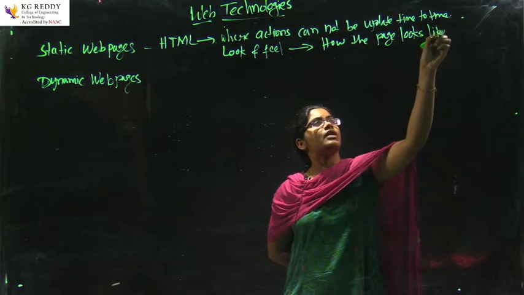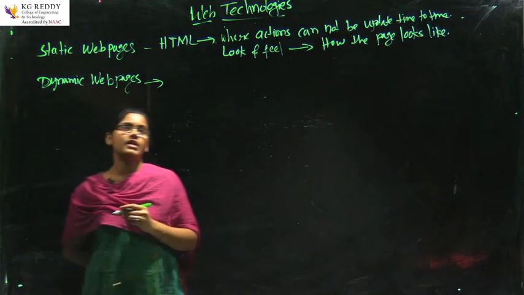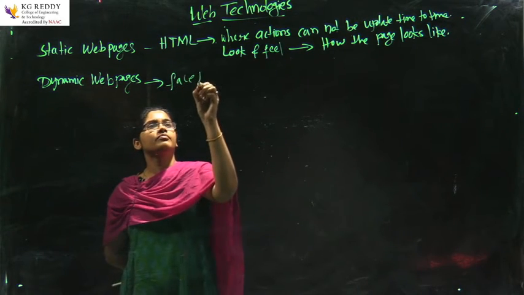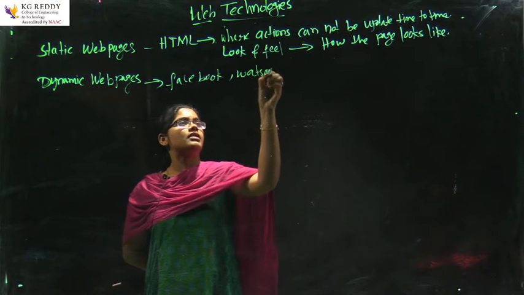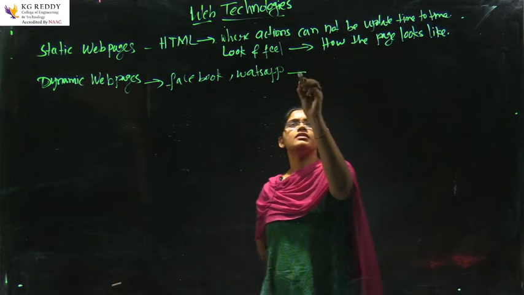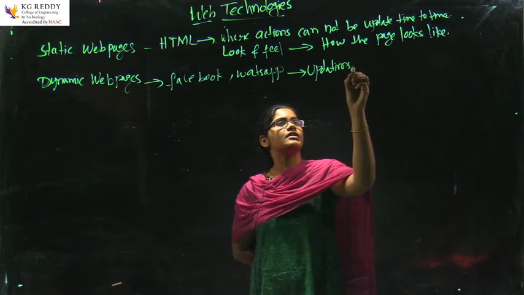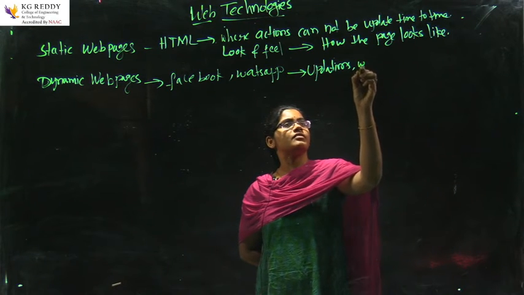And coming to dynamic web pages, today we see day to day actions like Facebook, WhatsApp. These all come under dynamic web pages. The updations or any changes can be done within a fraction of seconds.